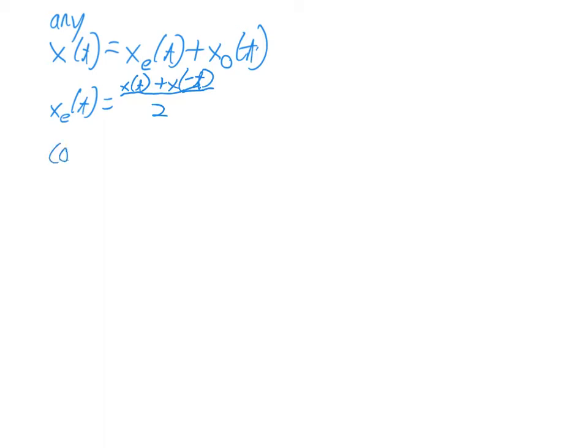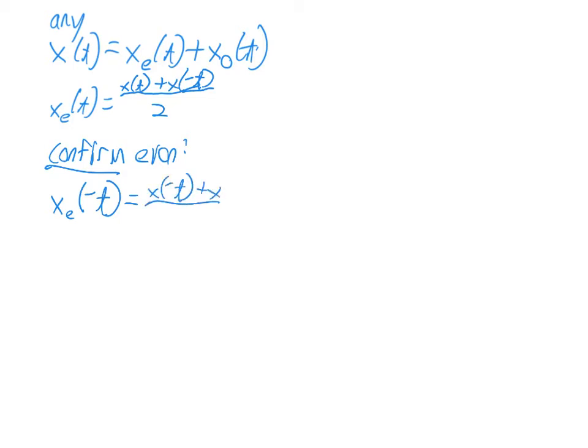Let's confirm that it's even. So we take x e of negative t, and we see whether we get back the same signal. So I change all the t's to negative t's. So I have x of negative t plus x of negative negative t, which is x of positive t, of course.